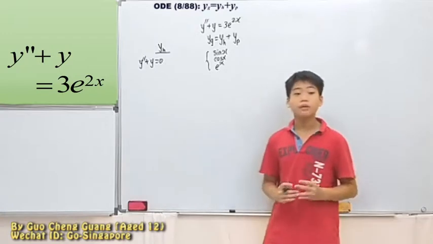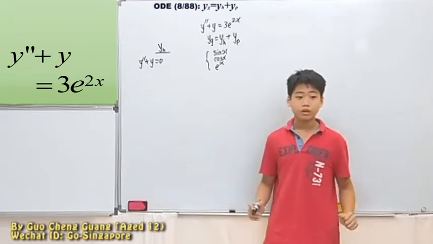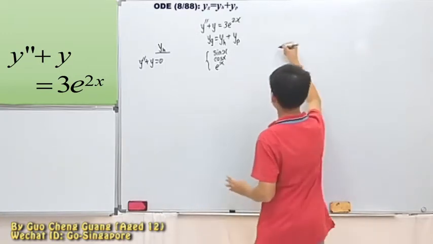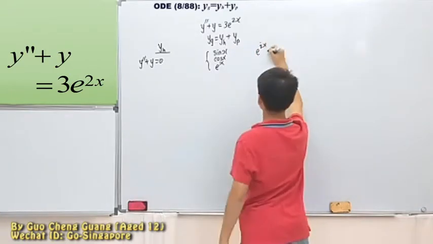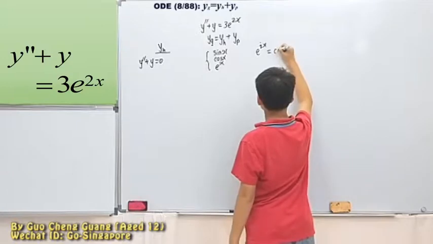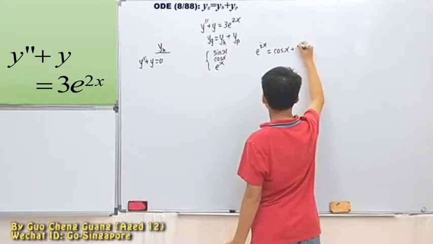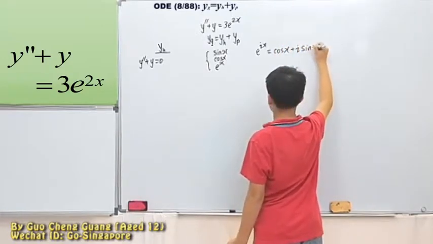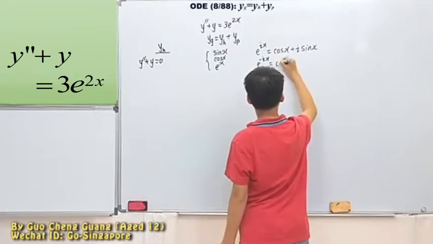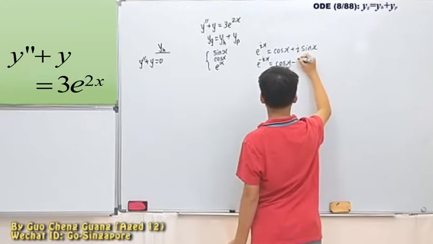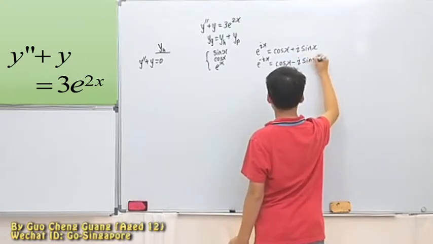Now, what do you think of? Of course, it will be Euler's formula. If it is positive like this, then you'll get cosine x plus i sine x. If this power is negative, then it's cosine x minus i sine x.